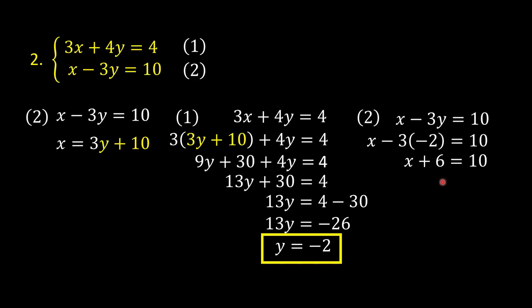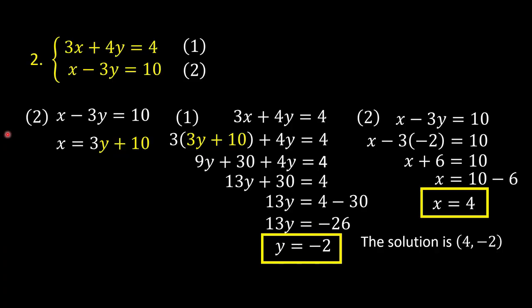And then we transpose positive 6 to the other side, change its sign from positive to negative. So we have now x is equal to 10 minus 6. And 10 minus 6 is 4, so x is equal to 4. The solution now is 4 comma negative 2.